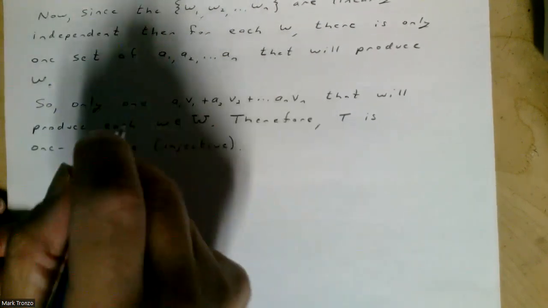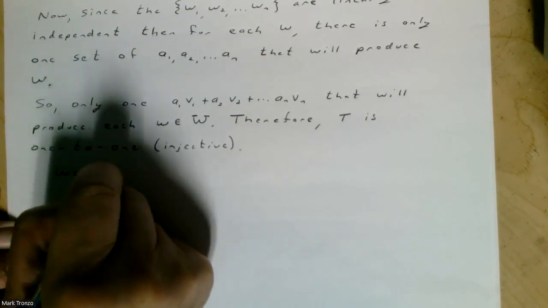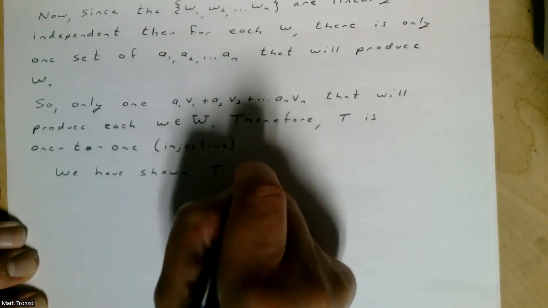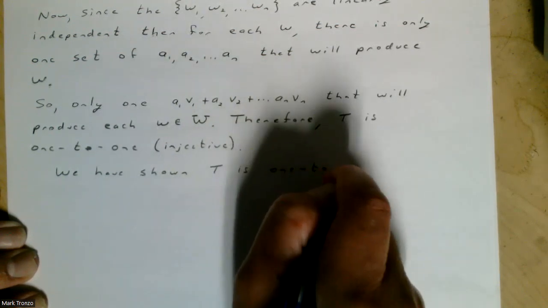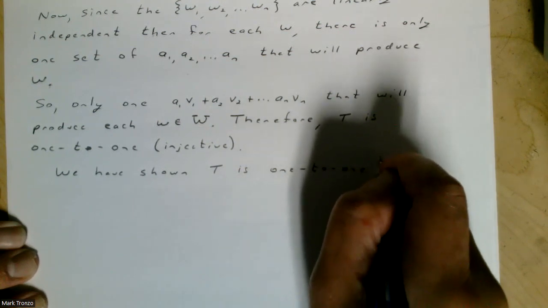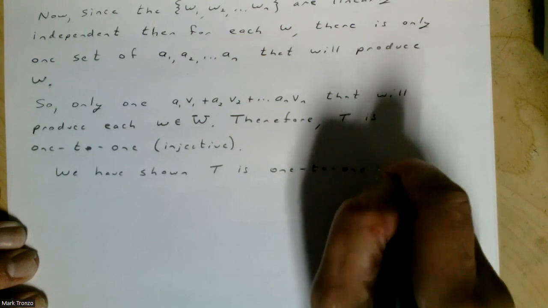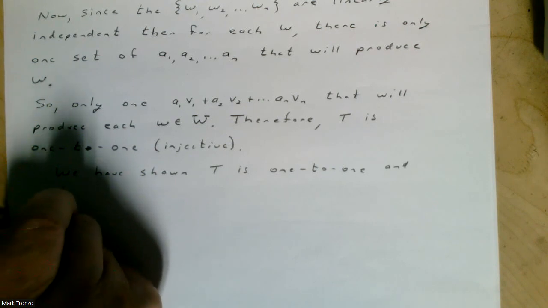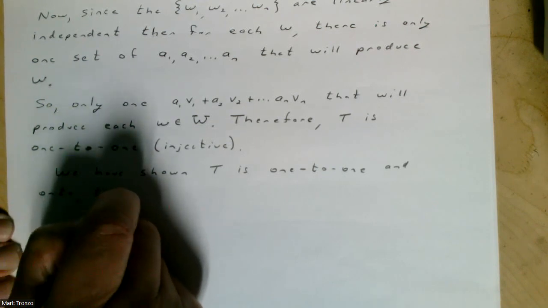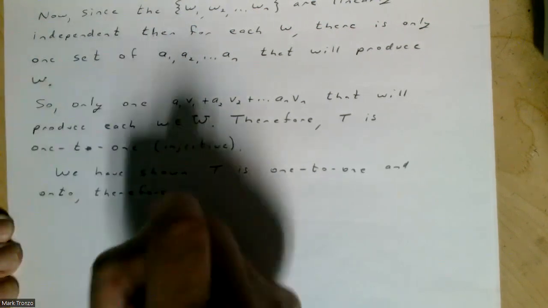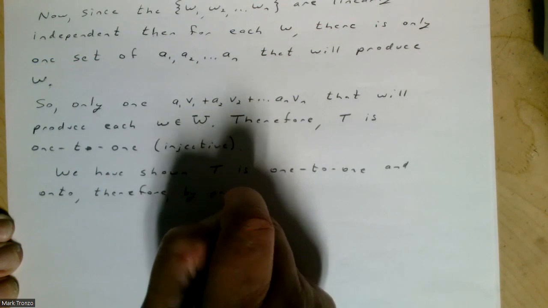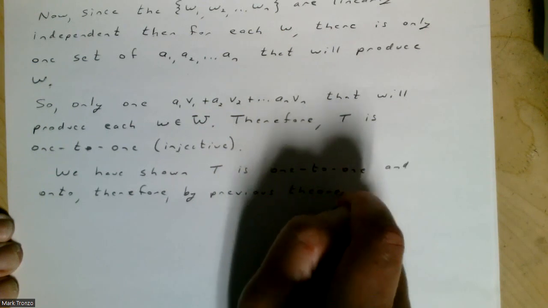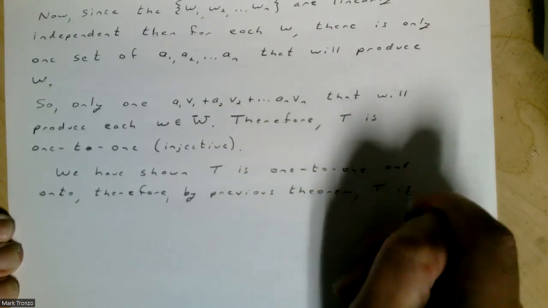So we've shown T is 1-to-1 and onto. And therefore, by previous theorem, T is invertible.